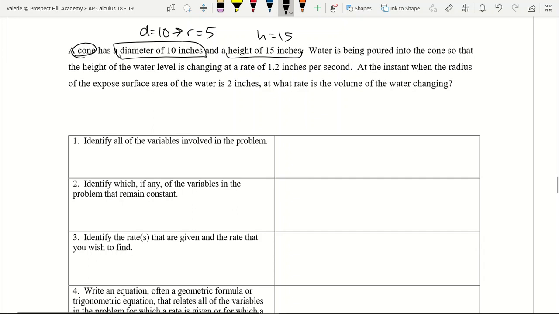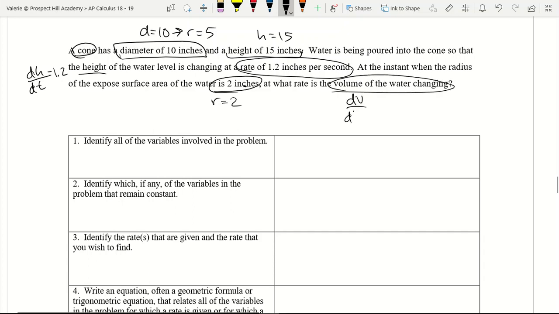Water is being poured into the cone so that the height of the water level is changing at a rate of 1.2 inches per second. So we have a rate here, and it's the rate of height. So we know dH dt is equal to 1.2. At the instant when the radius of the exposed surface area of the water is 2 inches, so we're looking at the instant when R is 2, at what rate is the volume of the water changing? So we are looking for dV dt.